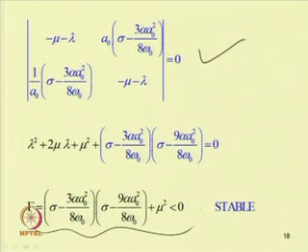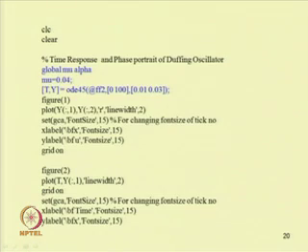If this is less than 0, the system is stable, and it is unstable if it is greater than 0.